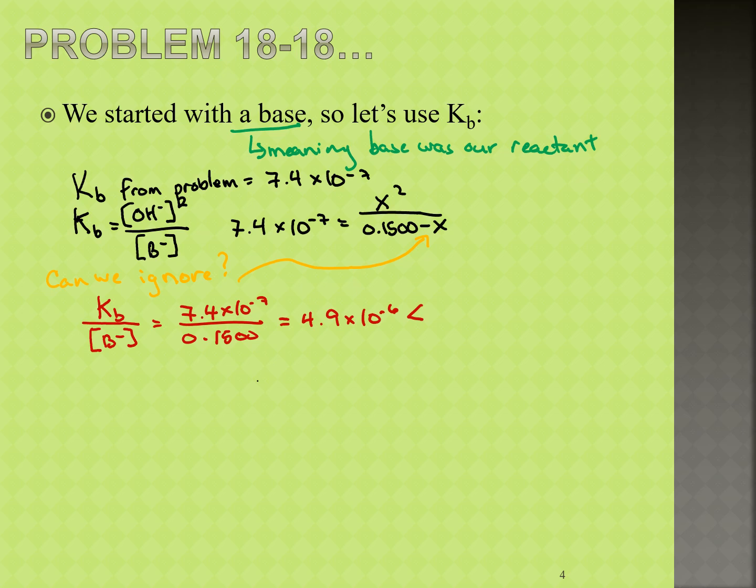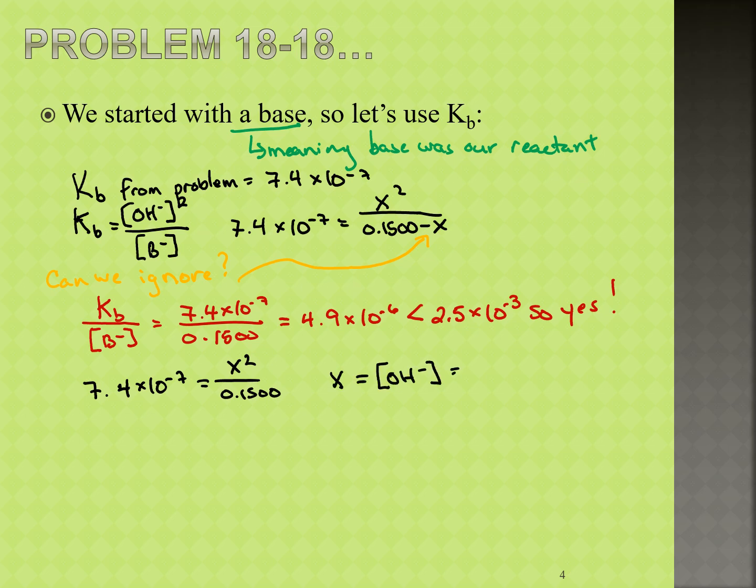And that happens to be less than 2.5 times 10 to the minus 3rd. So yes, we can, thankfully, ignore that, which means that we don't have to do a quadratic. So 7.4 times 10 to the minus 7th is equal to x squared over 0.15. Now we can solve for our x, which is also our OH concentration, and we get this to be 3.3 times 10 to the minus 4th.